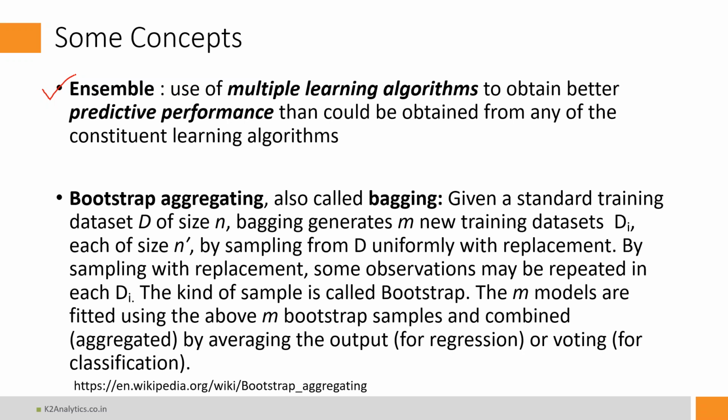Assume you have got 100,000 records and you have to create a sample of 10,000 records. These 100,000 records are numbered as 1, 2, 3, 4, 5, 6, up to 1 lakh. From this, you have to randomly select 10,000 observations. You randomly select one of the observations and say the observation number is 5. You make a copy of that observation.